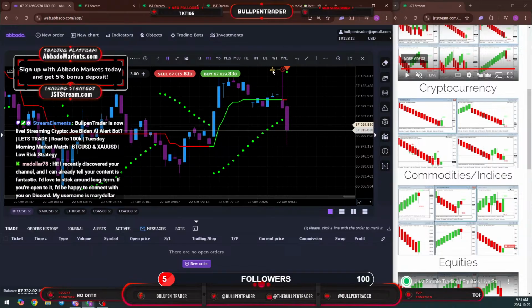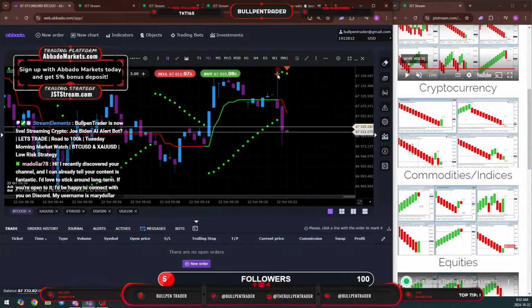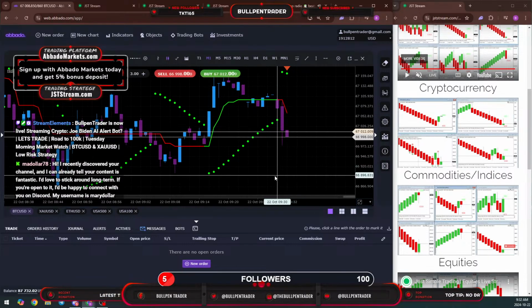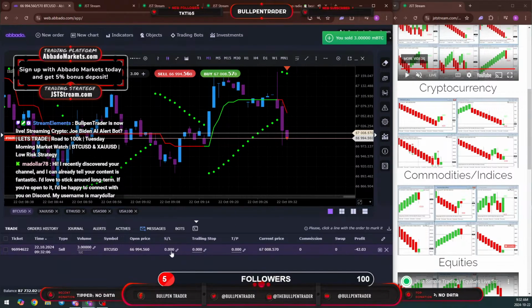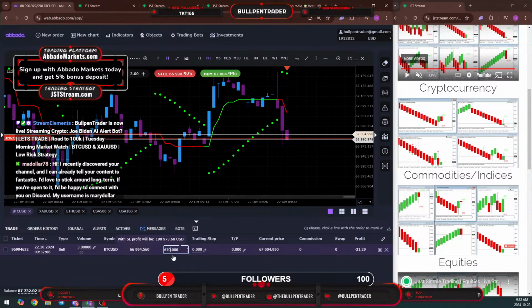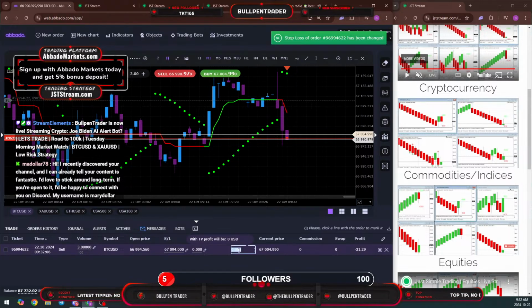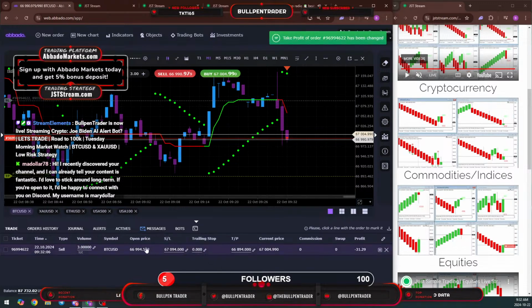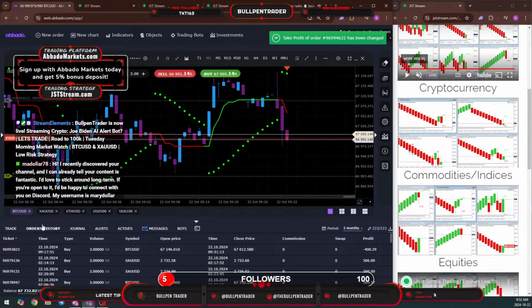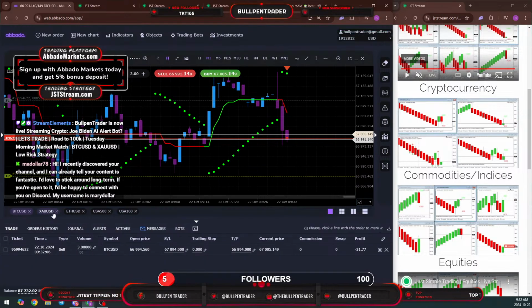The PSAR dots went above, and the super trend is red now as well. So let's enter into a sell position. I'm going to set my stop loss here, 9.4, and set my take profit 66894. Boom. All right, my stop loss and take profit are set right there.